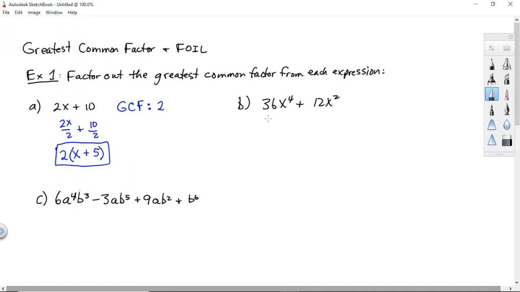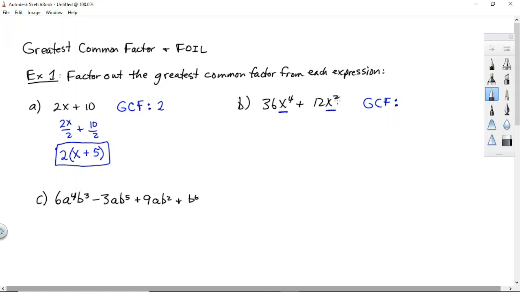Okay, so let's look at the next one. We have 36x to the fourth plus 12x squared. Now this time we do have the variable in both terms. So we will be able to factor out x squared because that's the exponent of this one, and the other one has a larger exponent, x to the fourth.